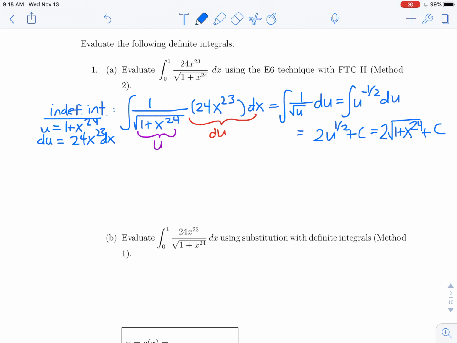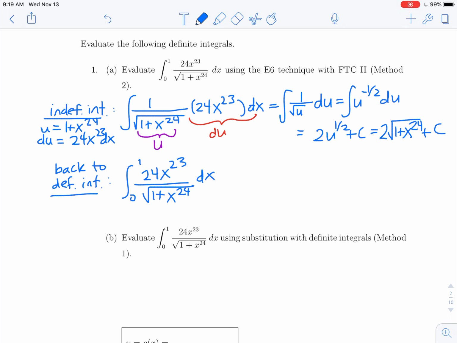And so now we need to go back to the original. So back to the definite integral from 0 to 1 of 24x to the 23rd over root 1 plus x to the 24th dx. What we've already worked out is an antiderivative for our integrand.